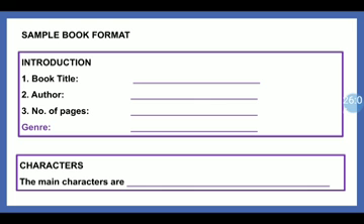So in grade 3, we are going for an introduction. And in our introduction, you need to state the book's title, state the author, the number of pages, and the genre.